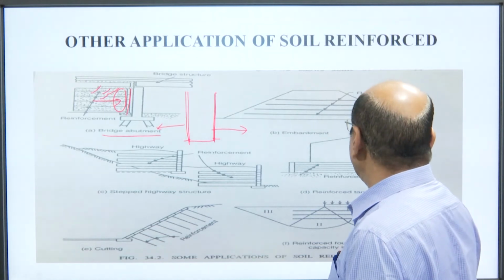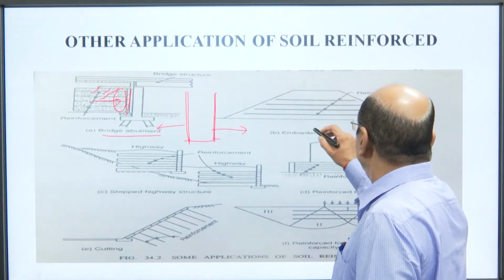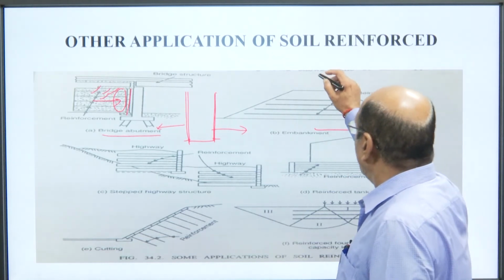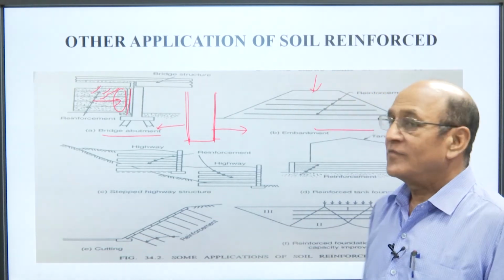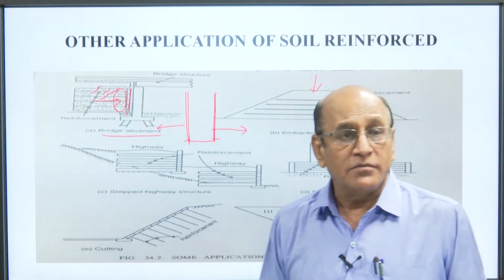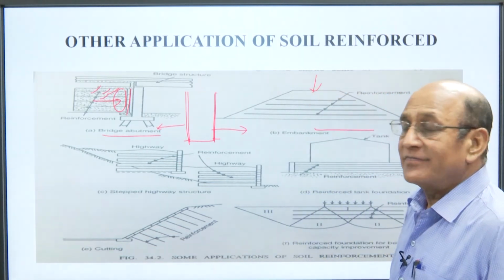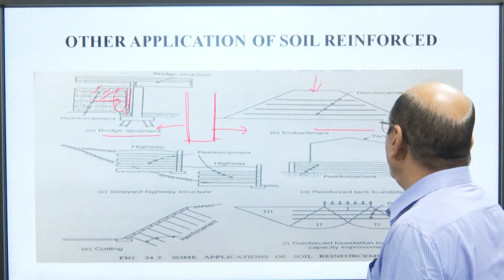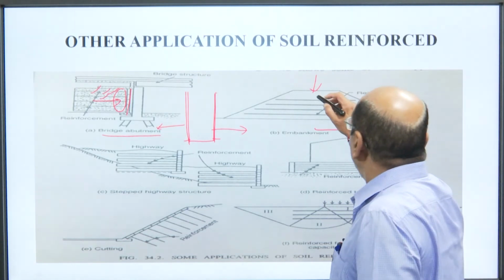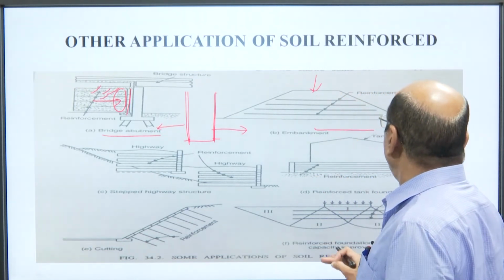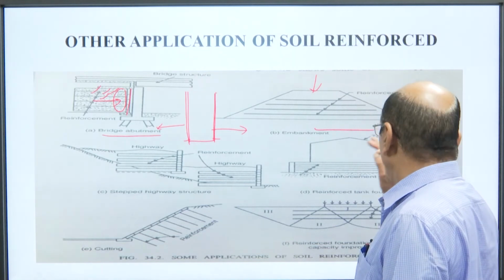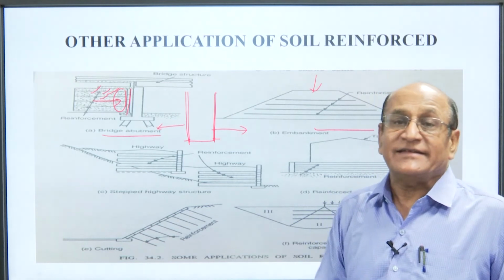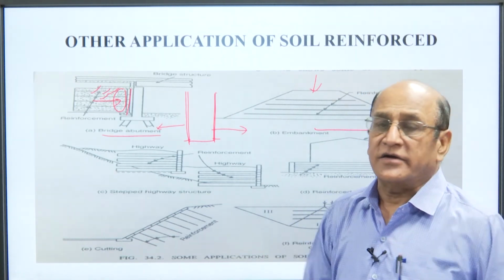Now, come to the second one, this is the embankment. If load is coming, it may be live load, it may be earthquake load. If we are not using reinforcing members, then the soil will be overstressed and failure could occur.